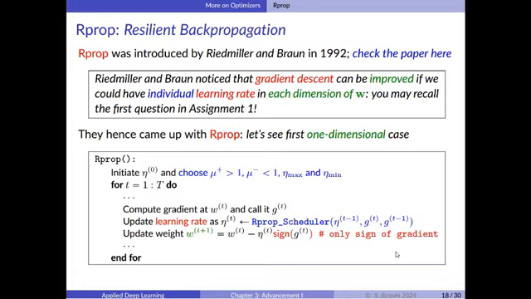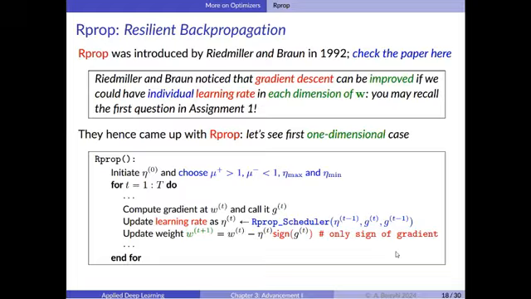Okay, the next algorithm that we are going to talk about is RPROP, the resilient backpropagation. Here it tells us that if we have an individual learning rate in each dimension of w, we may recall it from the first assignment.